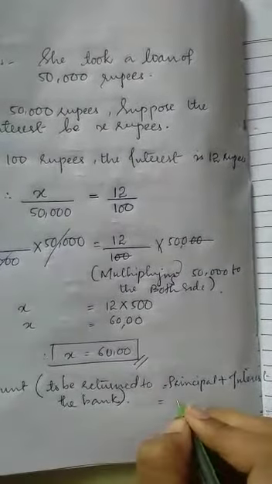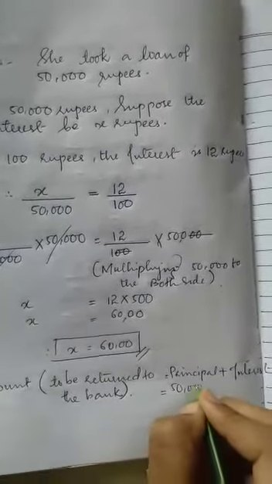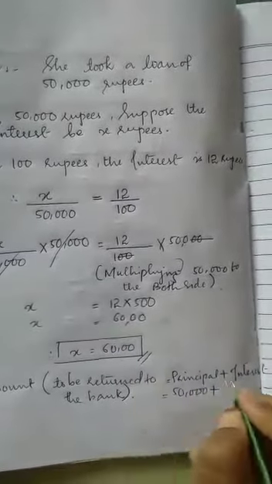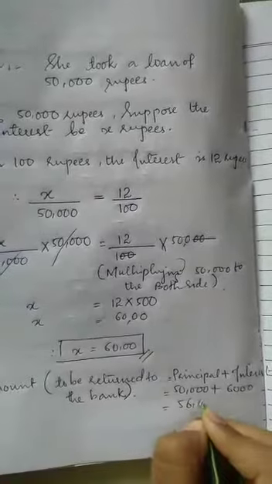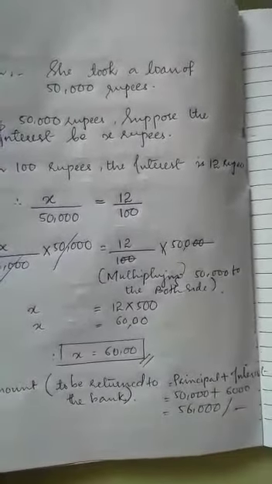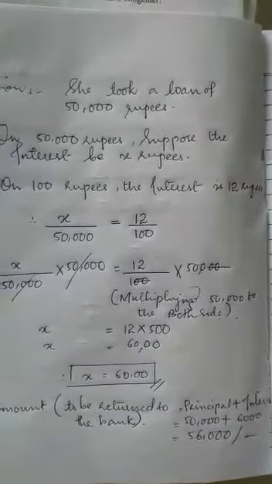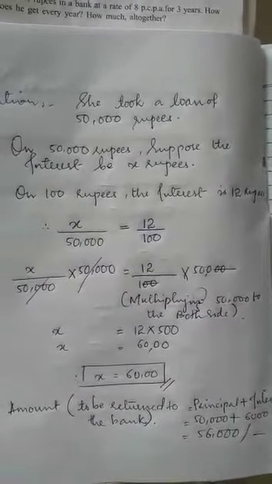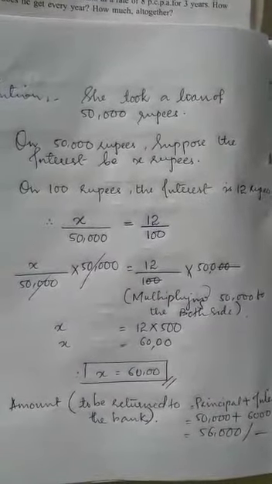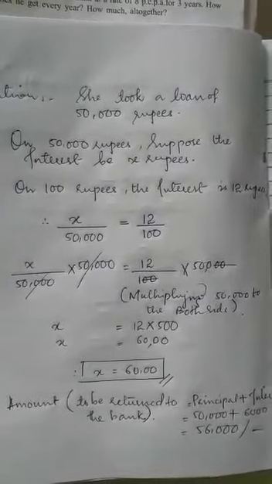So principal amount is what? 50,000 rupees plus the interest we got, 6,000. So it will become 56,000. So how much amount does she have to return to the bank? That is 56,000 rupees.